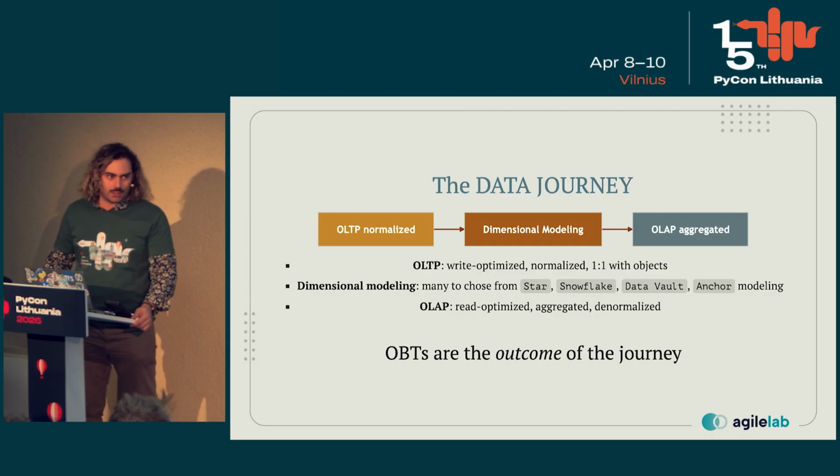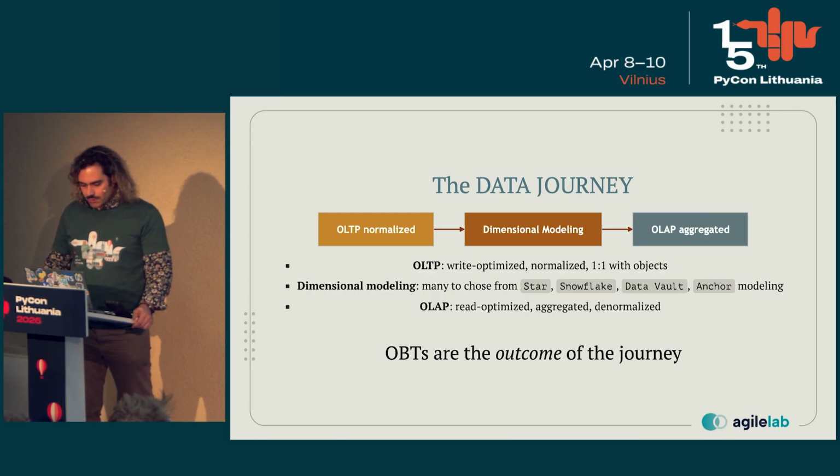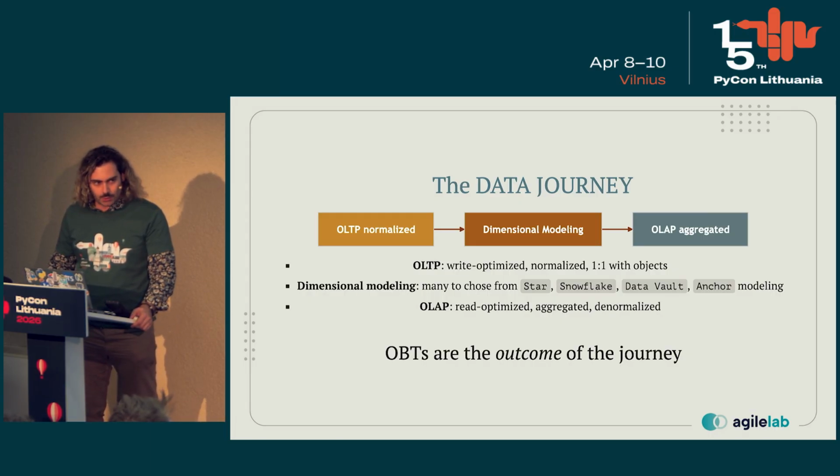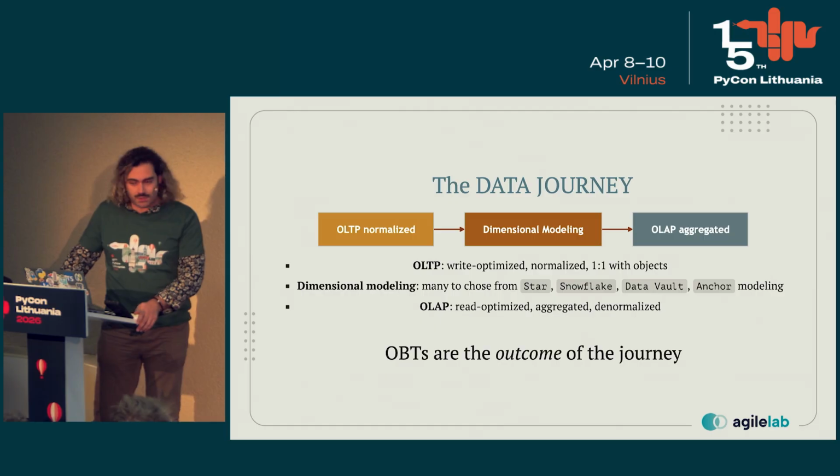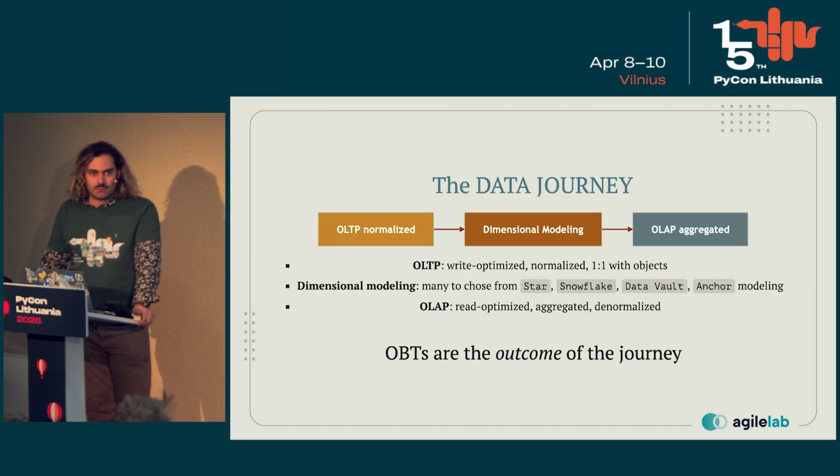You choose a schema for modeling your data, and then you end up in the realm of online analytical processing. This is a realm where everything is read optimized. Data is aggregated and then denormalized, and OBTs are the outcome of the journey.